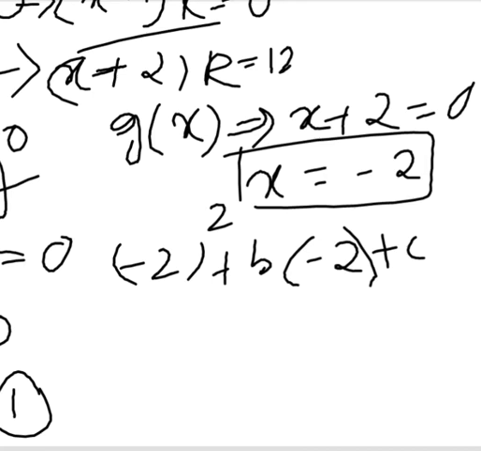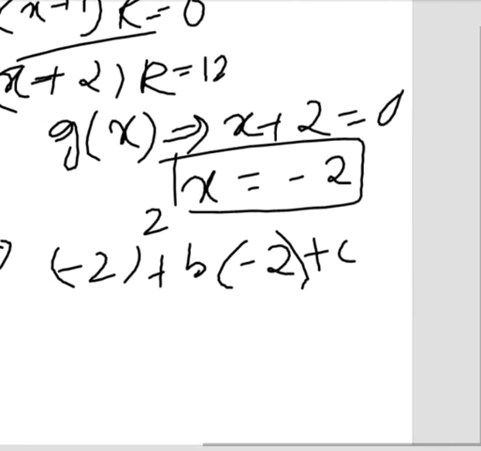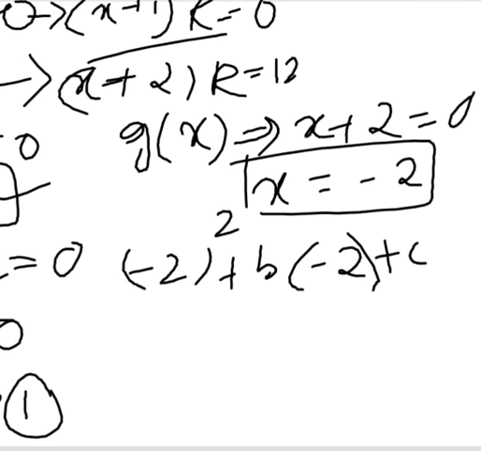Here we equated to 0 because the remainder was 0. Here we will equate it to 12 because the remainder is 12. Now minus 2 square is 4, then minus 2b, plus c is equal to 12.